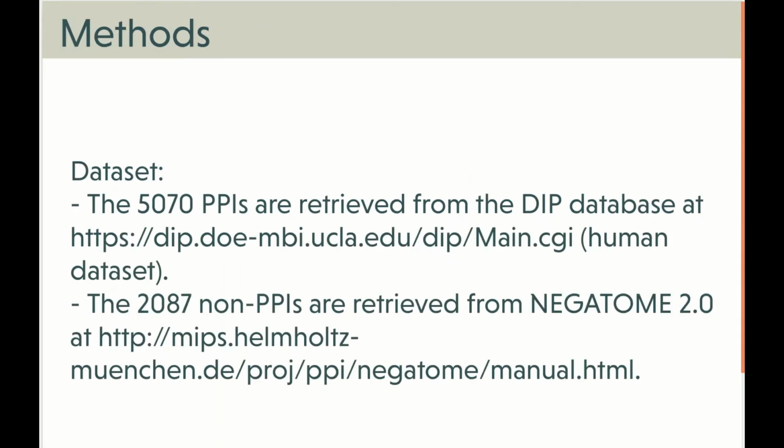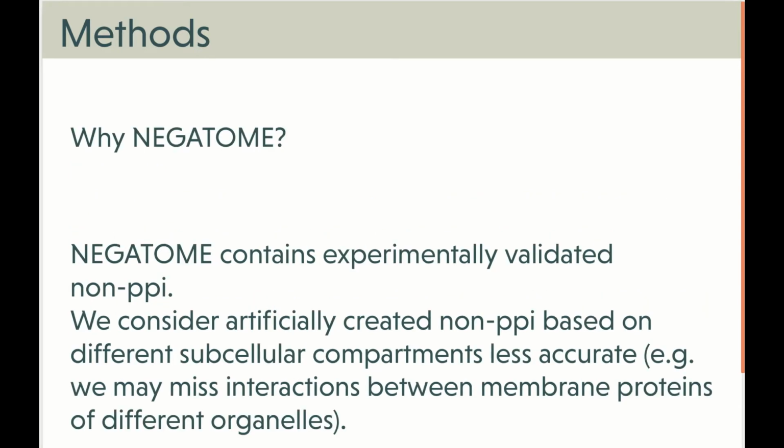Our dataset is based on more than 5,000 protein-protein interactions that have been retrieved from the DIP database and more than 2,000 known non-interacting protein pairs retrieved from the Negatome database. And why we use Negatome is because we wanted to have, as negative dataset, experimentally validated known non-interacting pairs, because we considered other approaches.